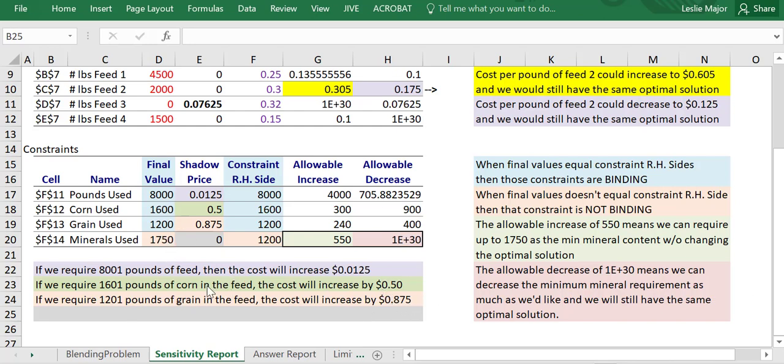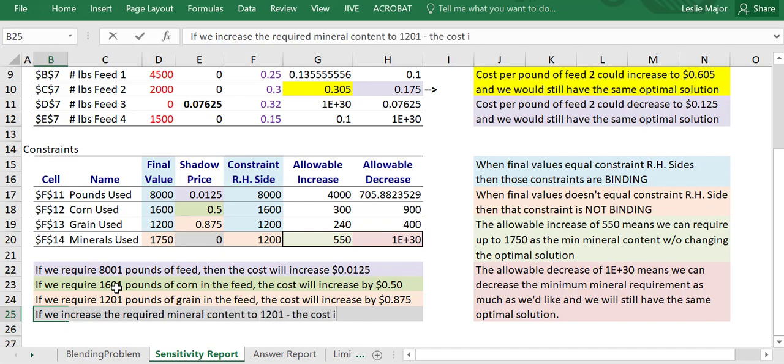The final one here is the minerals used. If we require more minerals, well, that's fine. Notice we're at 1,750. So if we increase the required mineral content to 1,201, well, who cares?